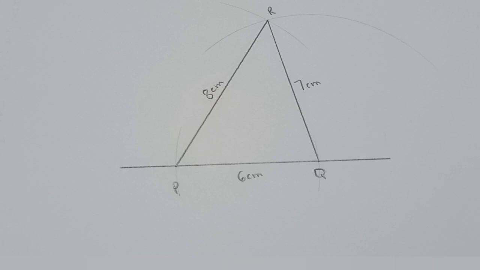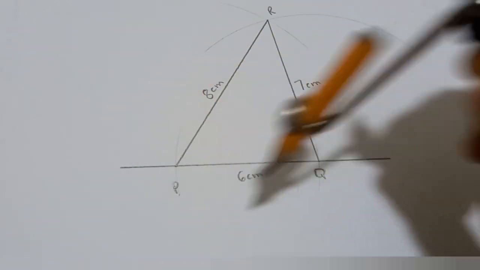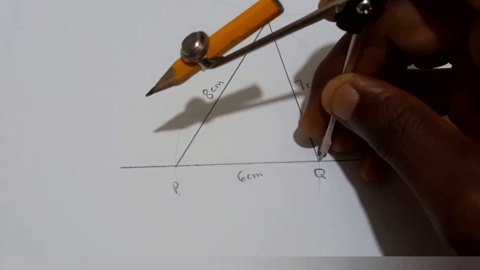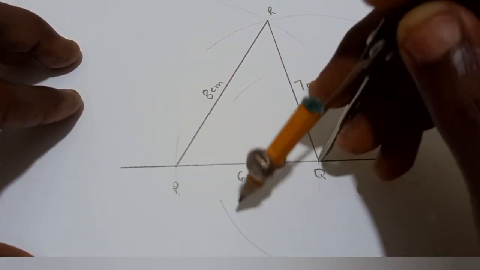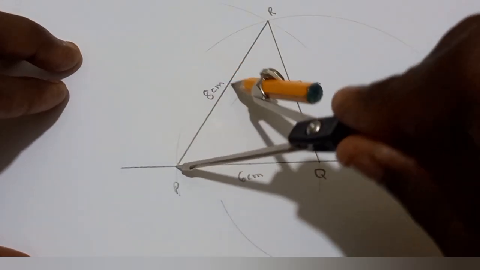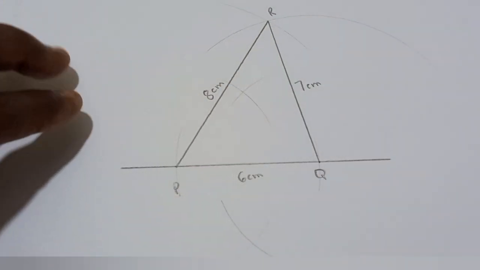Next, we should construct the locus K of the point equidistant from P, Q, and R, and hence circumscribe a circle. That circumscribe means draw a circle around the triangle. So then we bisect this line: open more than half, arc, come here, pin, arc.